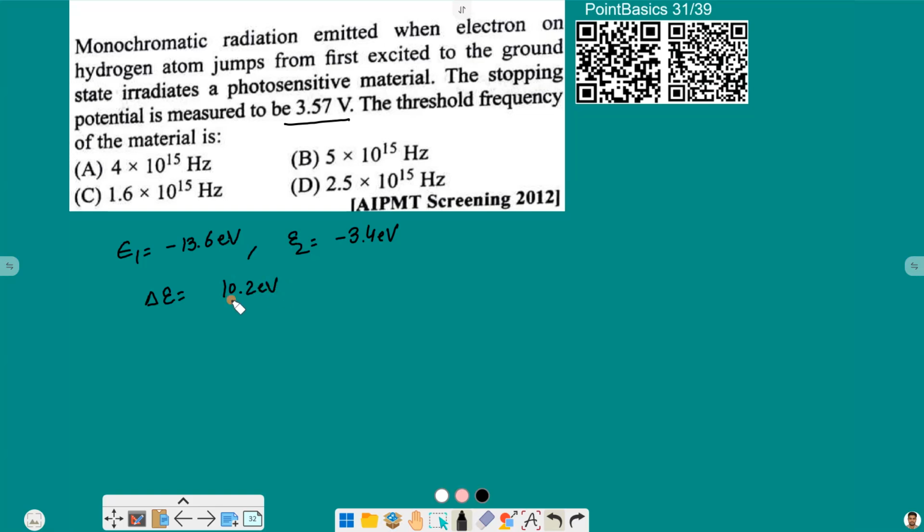Now this is the energy, so from that we can calculate the maximum kinetic energy of the emitted electron. This is the energy of photon emitted from the transition between the second and first level of hydrogen atom. Now this will strike the metal plate and it will eject electron.